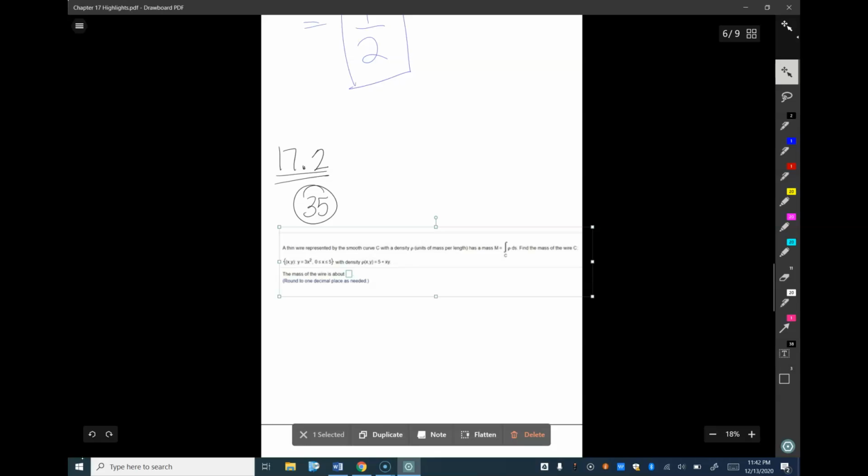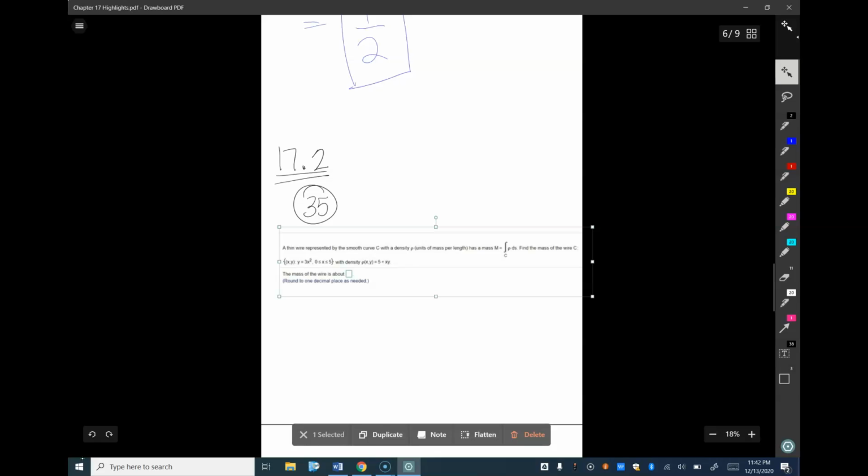So all this is a line integral. The C is given as a function of x and y. In number 10, either number 10 or number 11, we had to parameterize that ourselves. I think it was number 11. So we've done that before. We can find a parameterization. And then rho is 5 plus xy.